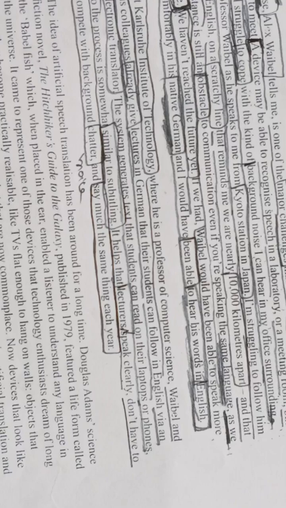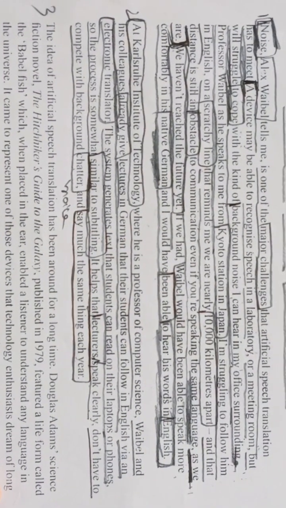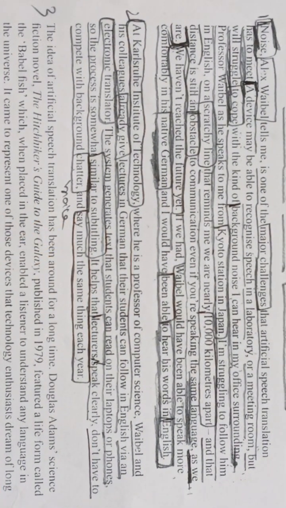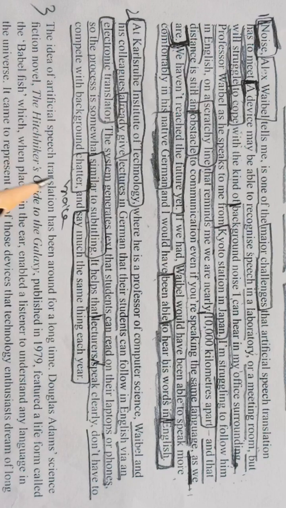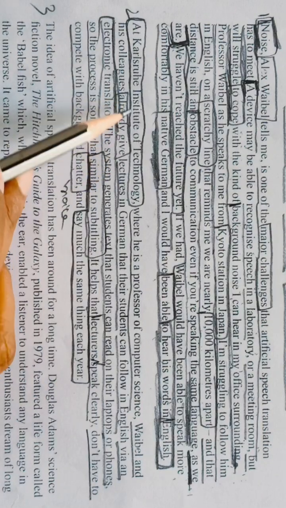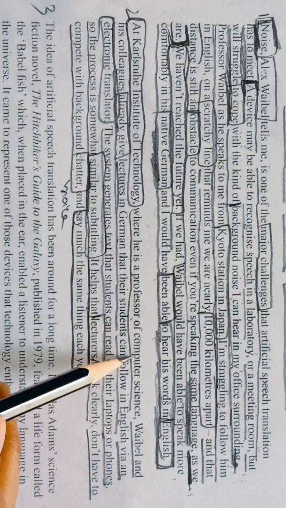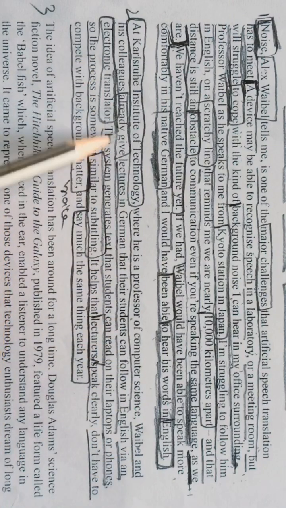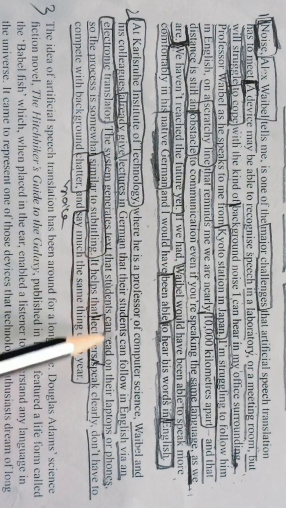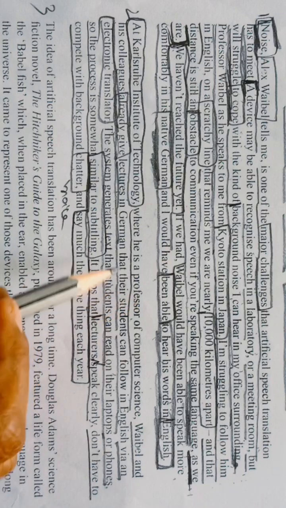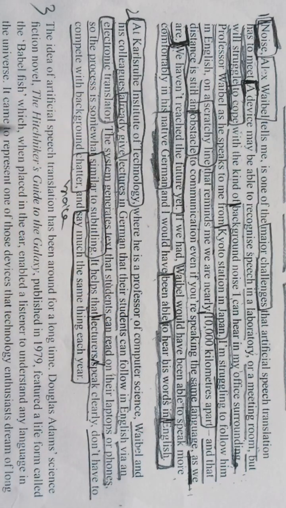So in this paragraph what are they saying? They are saying that at Karlsruhe Institute of Technology, where he is a professor of computer science, Weber and his colleagues already give lectures in German that the students can follow in English via an electronic translator.